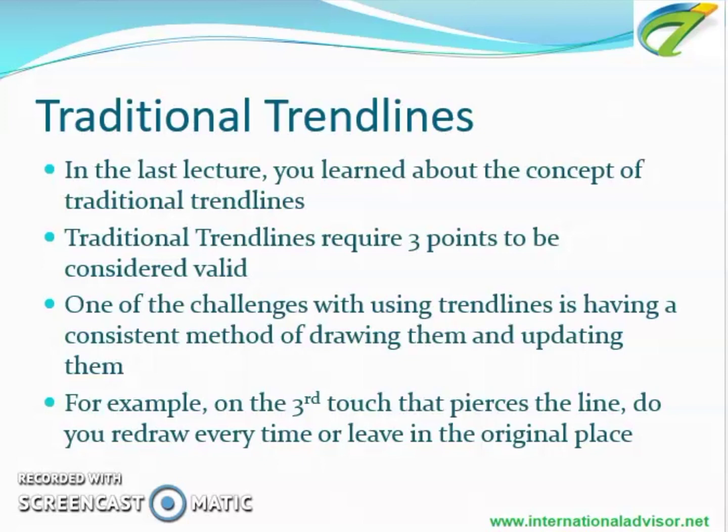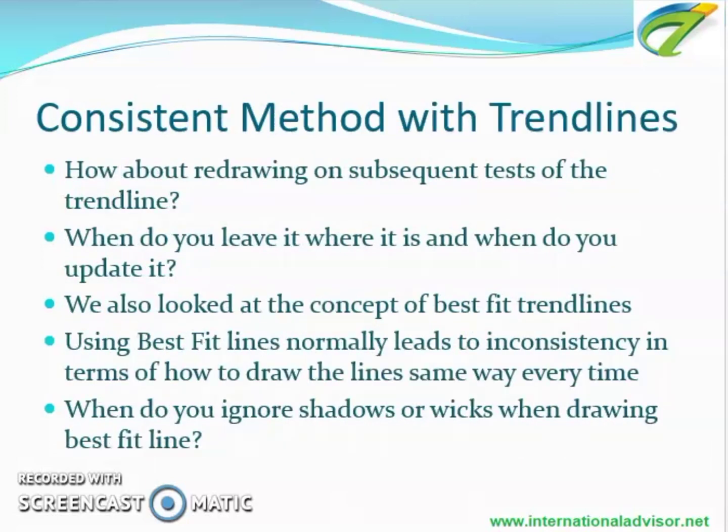For example, on the third touch that pierces the line, do you redraw every time or leave it in the original place? Consistent method with trend lines. How about redrawing on subsequent tests of the trend line? When do you leave it where it is and when do you update it?